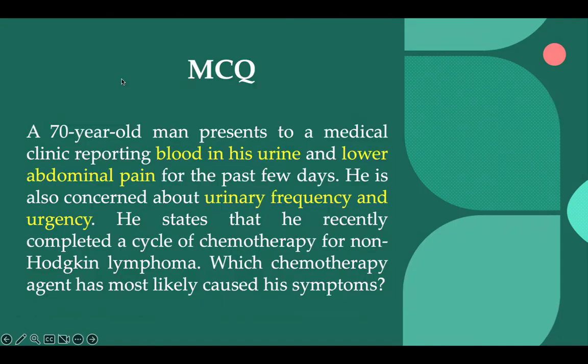The case scenario, the main stream is a 70-year-old man presents to a medical clinic reporting blood in his urine and lower abdominal pain for the past few days. He is also concerned about urinary frequency and urgency.